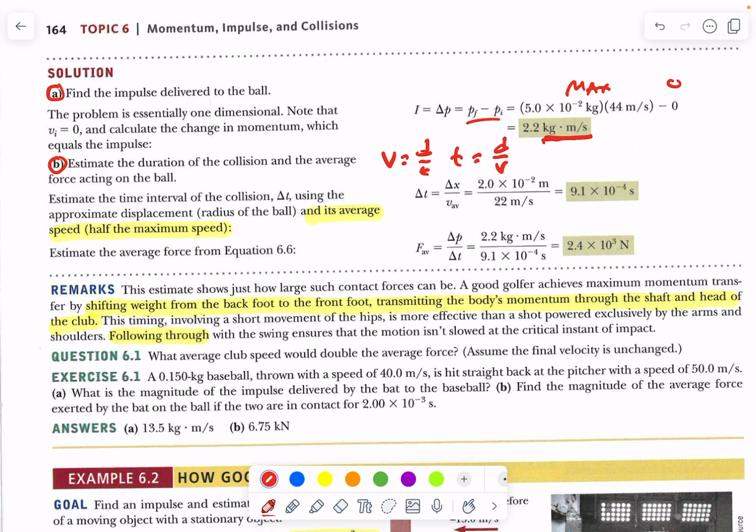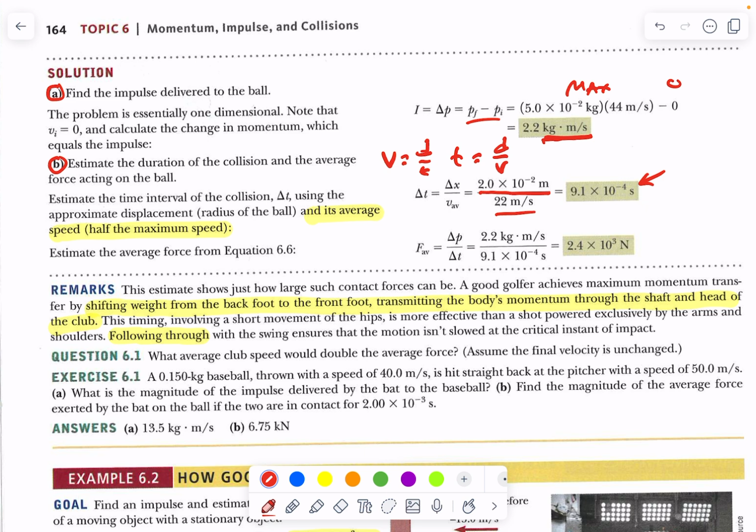And so if the golf ball travels a distance of 2 times 10 to the minus 2 meters, which is 2 centimeters, like was said earlier in the problem, and the speed is 22 meters per second, we see that the ball is in contact with the face of the golf club for 9.1 ten-thousandths of a second.